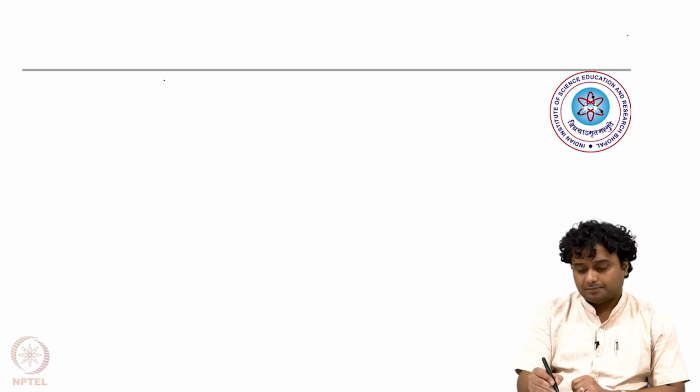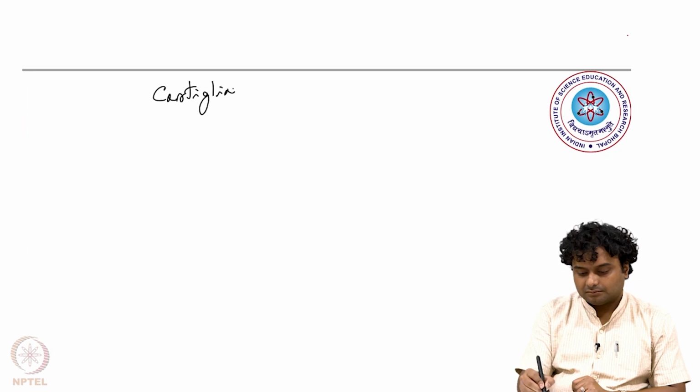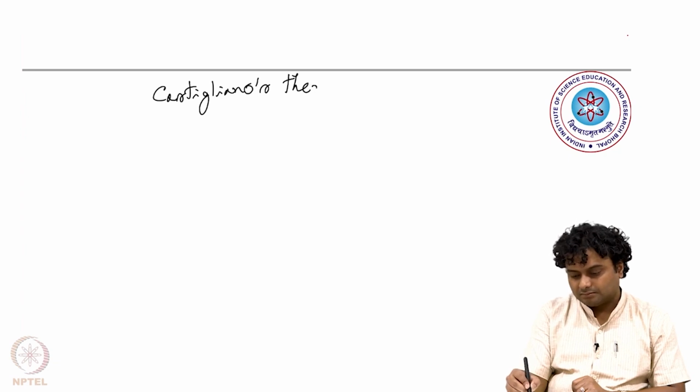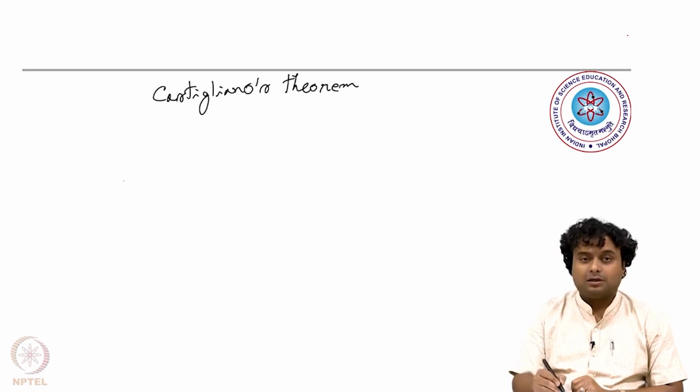Now we will discuss a theorem called Castigliano's theorem. This is very specific to mechanical engineering, and in the scope of this course we are not going to discuss what is in Castigliano's theorem and how exactly it is derived.